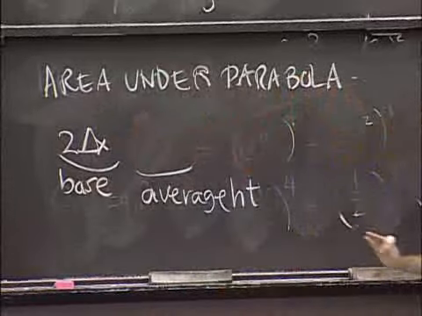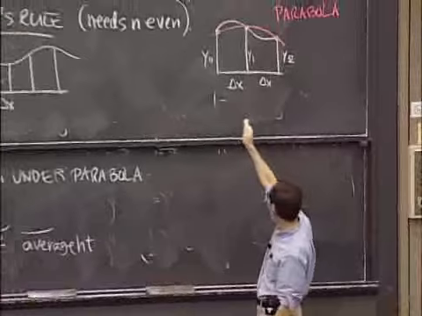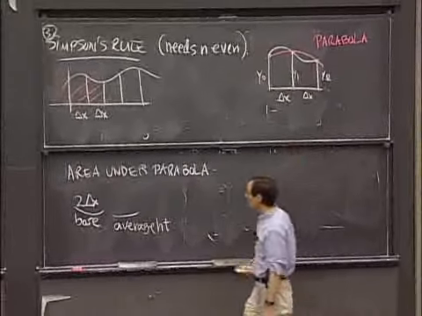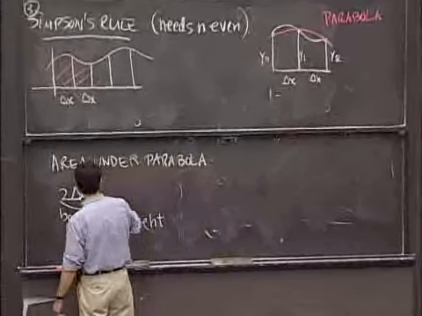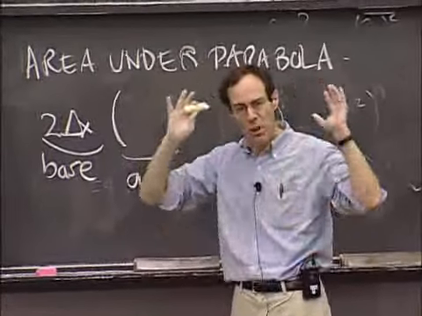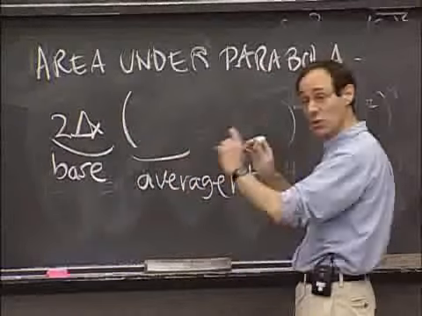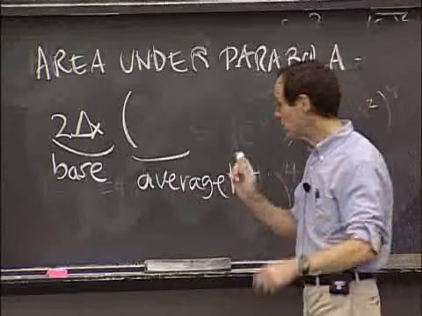Now, the average height is weird. You have to work out what it is for a parabola depending on those 3 numbers, y0, y1, and y2. And it turns out to be the following formula. It has to be an average, but it's an interesting weighted average. This was the punchline, if you like, that there are such things as interesting weighted averages. This one's very simple. It just involves 3 numbers, but it's still interesting.